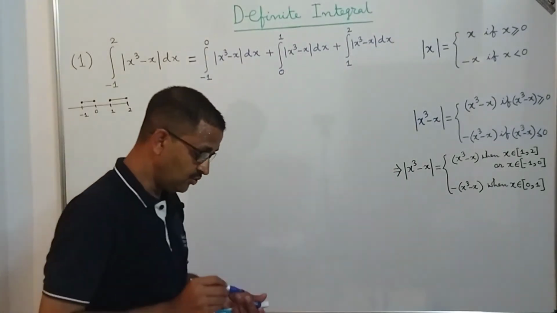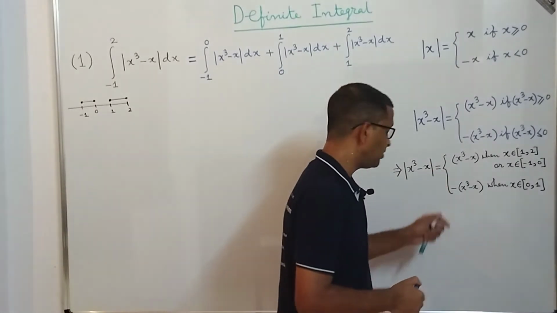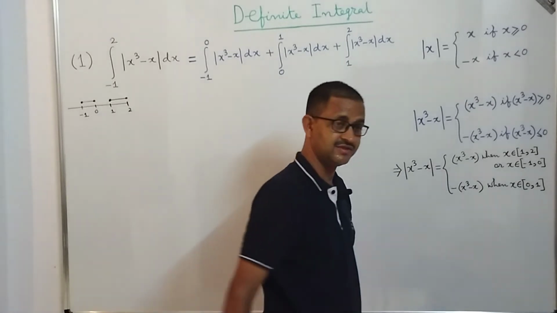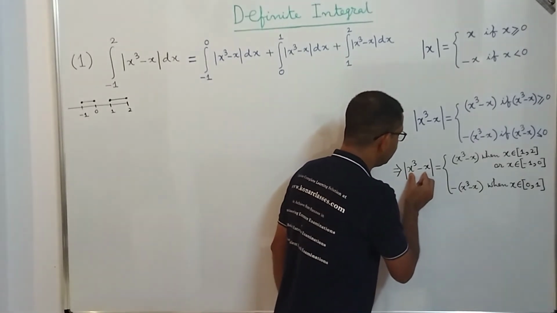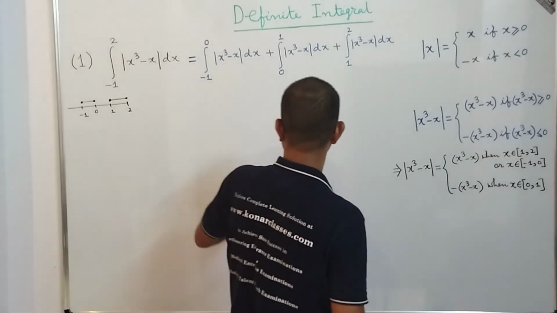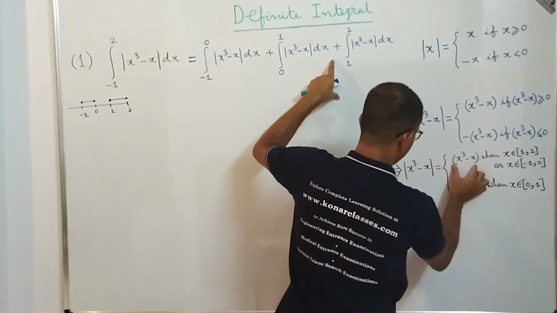Let me tell you once more why I have broken it into these three subintervals. Because of this mod, we need to consider the positive value of the expression x cube minus x. Now x cube minus x is itself when it is in the interval minus 1 to 0 or 1 to 2, hence we took this value.